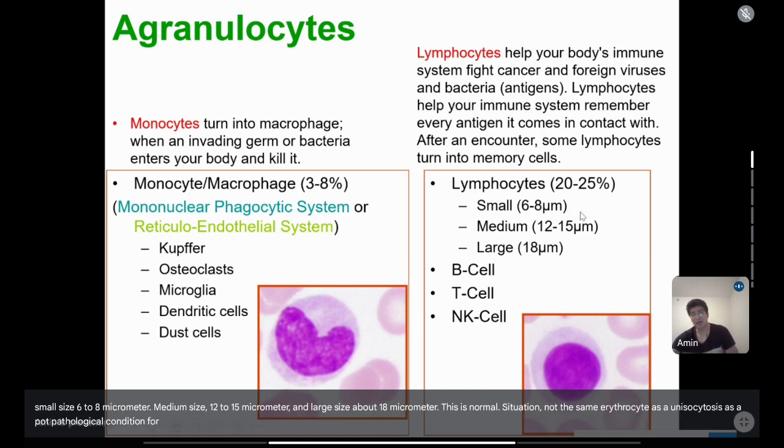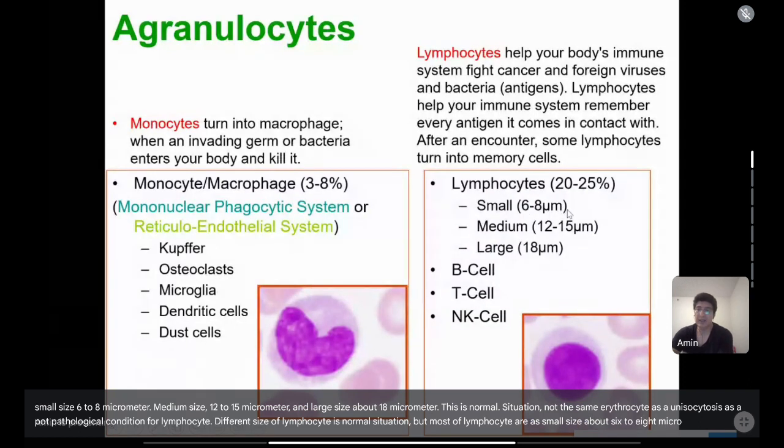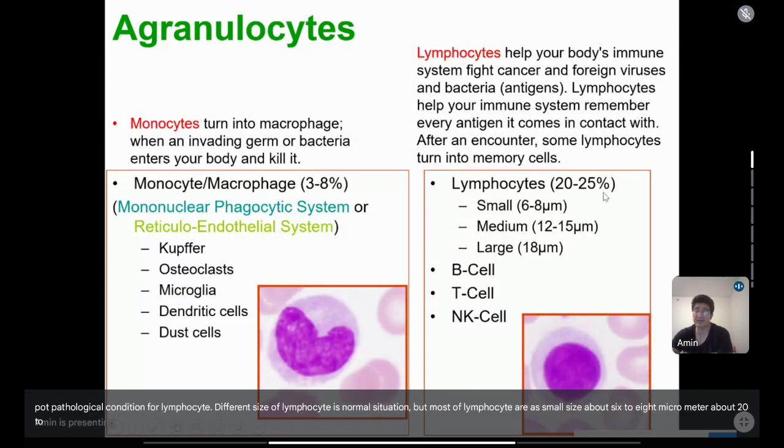For lymphocyte, different sizes are normal, but most lymphocytes are small, about 6 to 8 micrometer. About 20 to 25% of leukocyte in whole blood tissue is lymphocyte.